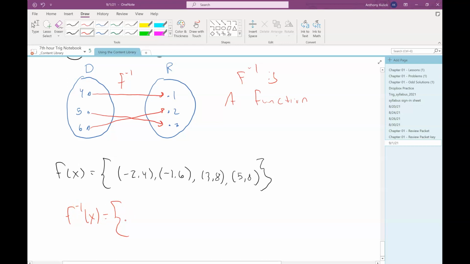Well, in f, we're sending -2 to 4. So our inverse has to send 4 back to -2. In the function, we send -1 to 6. So in the inverse, we have to send 6 back to -1. We send 3 to 8. So we're going to have to send 8 back to 3. And then we send 5 to 8, so we have to send 8 back to 5.